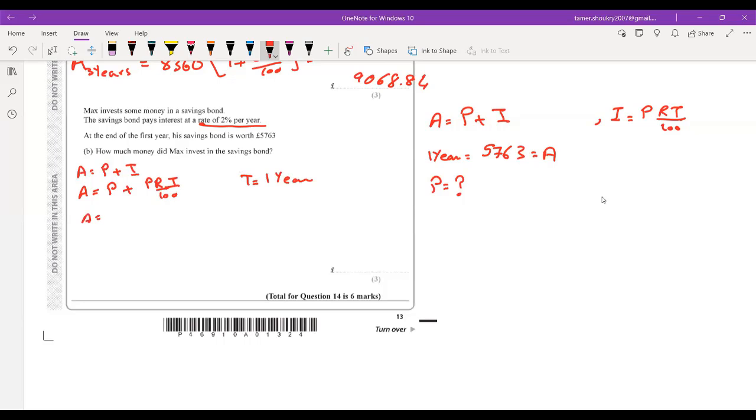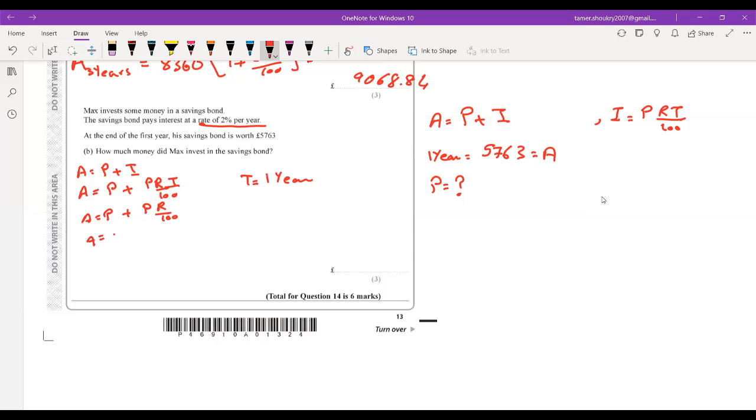So the amount is equal to the principal plus the principal multiplied by the rate over 100 multiplied by T, which is 1. So it is PR over 100 plus P equals the amount. Now, we have the rate 2%.